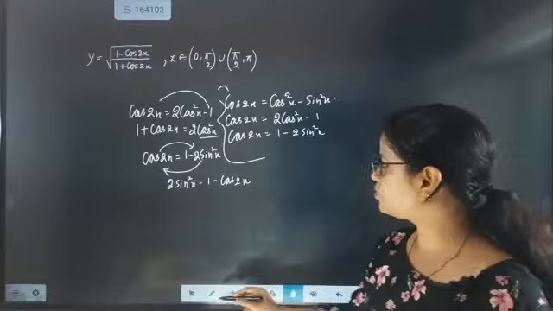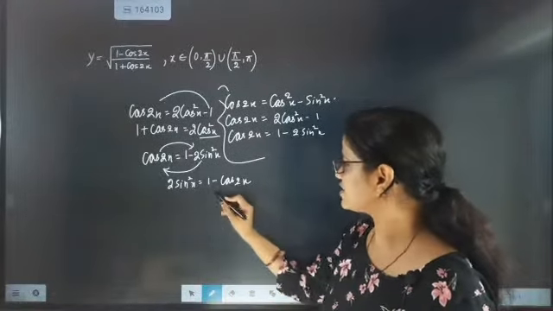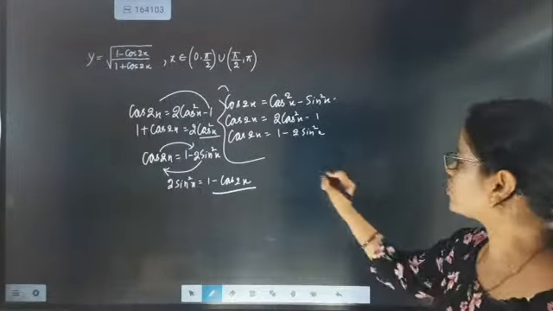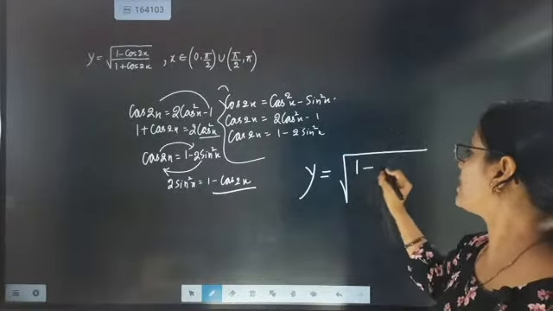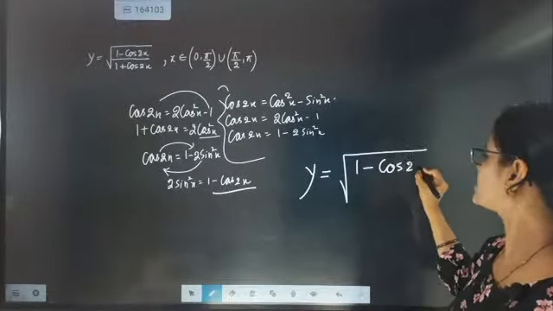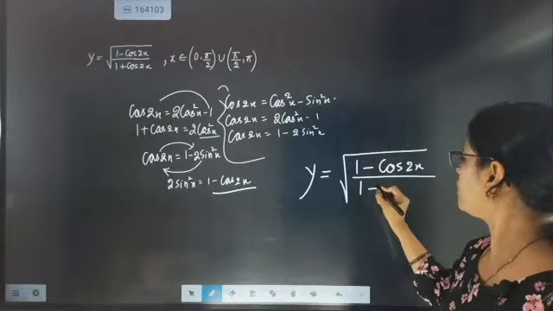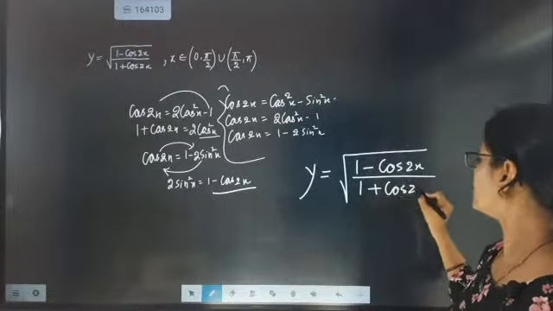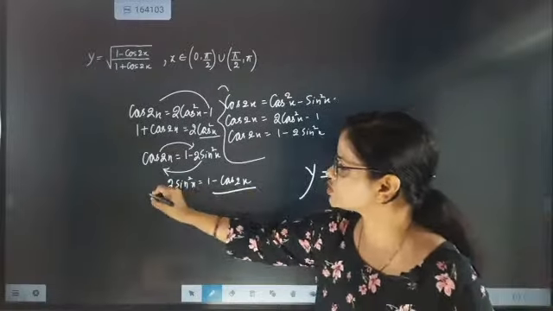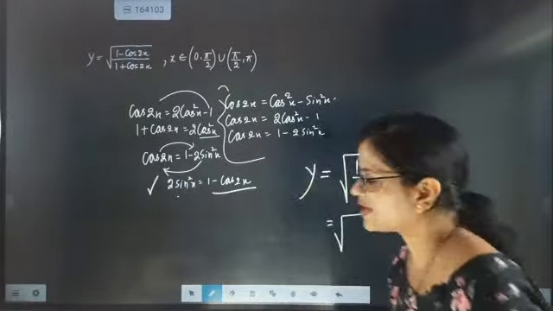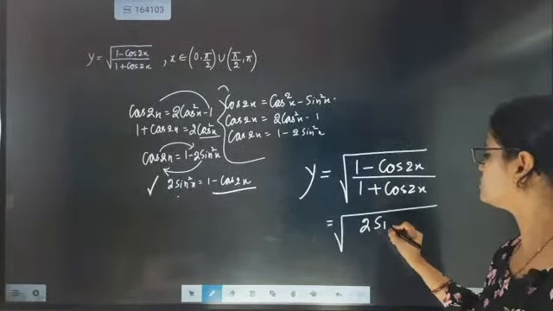So now we came to know that 1 minus cos 2x is 2 sin square x. Your question is y equal to root under 1 minus cos 2x by 1 plus cos 2x. So 1 minus cos 2x we derived is 2 sin square x. So just write here 2 sin square x.